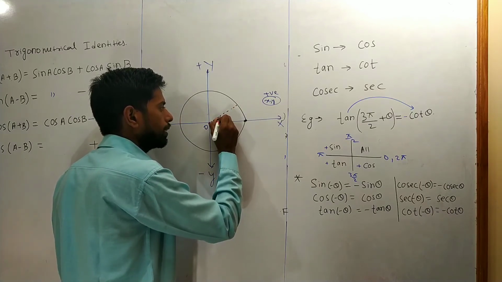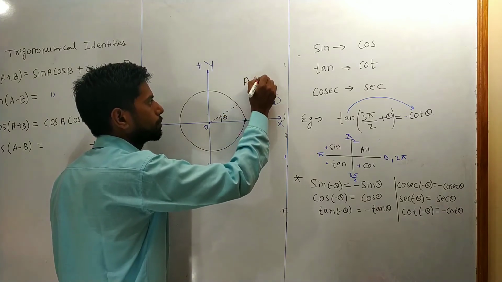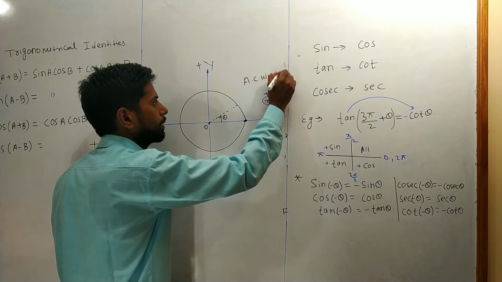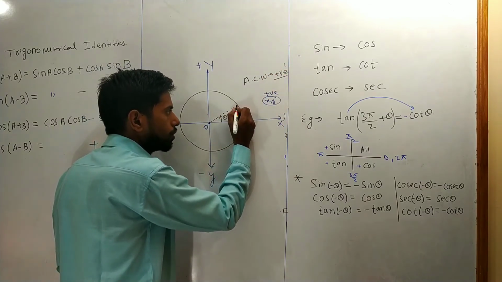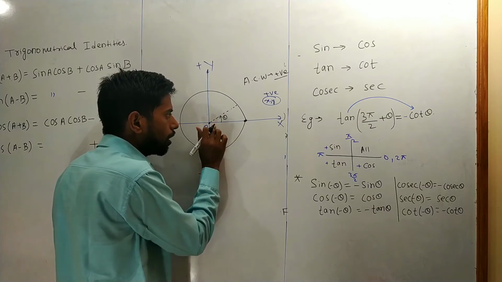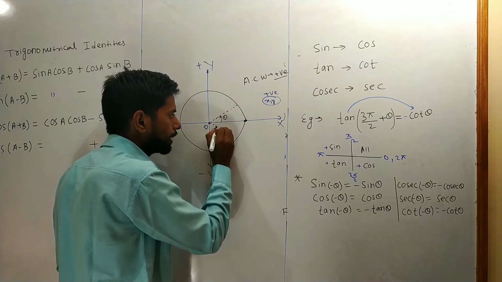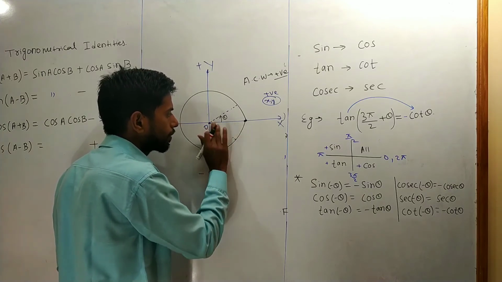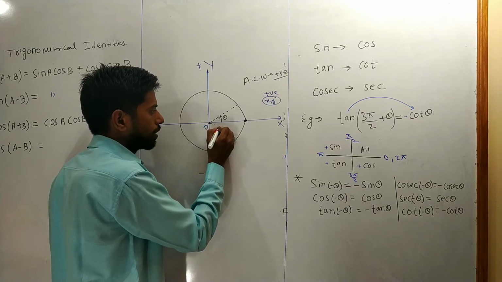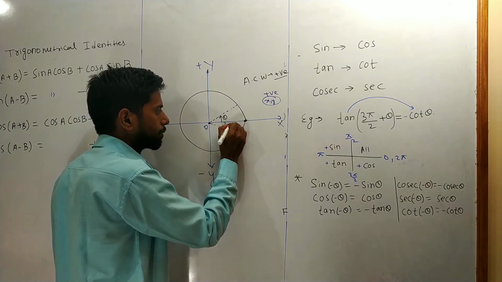The angle measured anti-clockwise we take as positive, so this angle is positive. If we move the same angular displacement, the same angle theta, in the downward direction, this angle we have to take as negative.